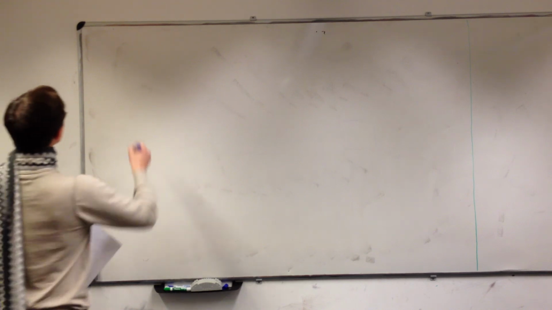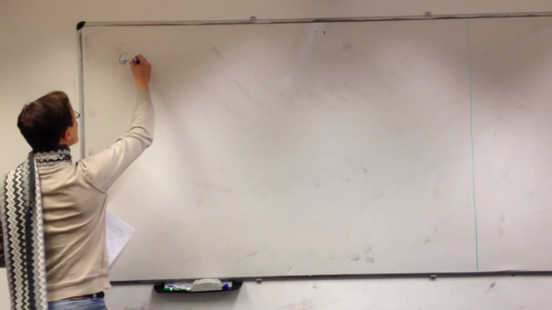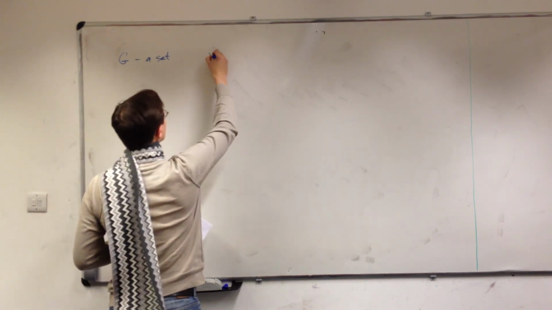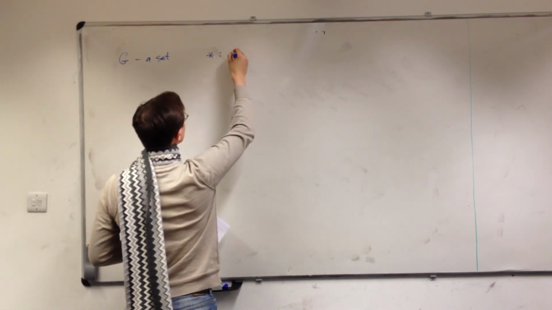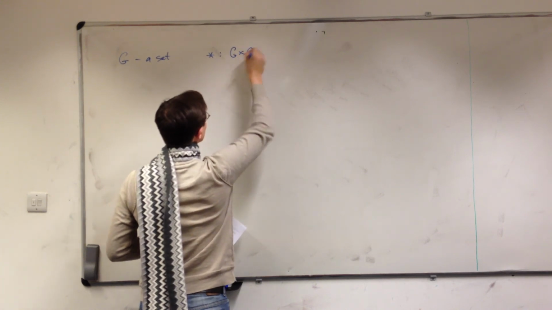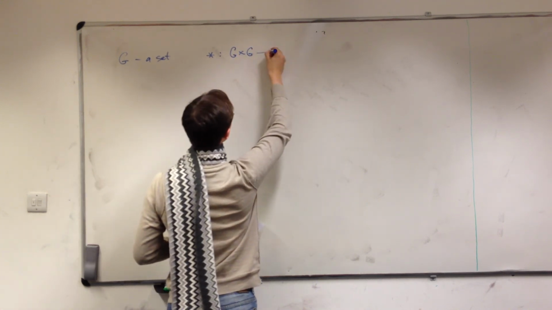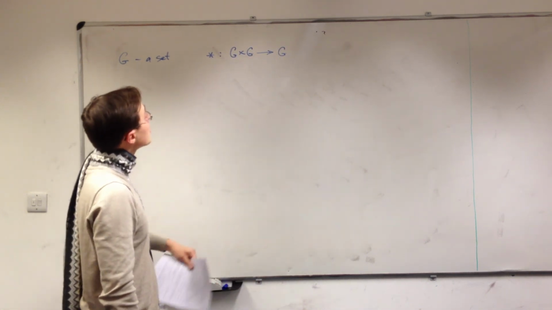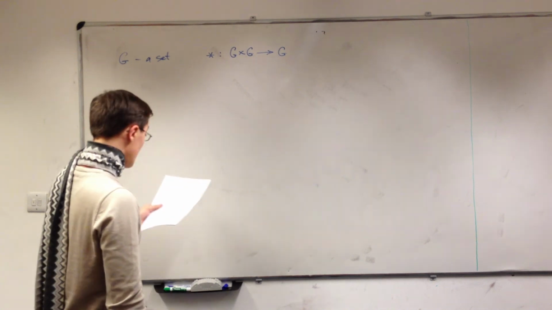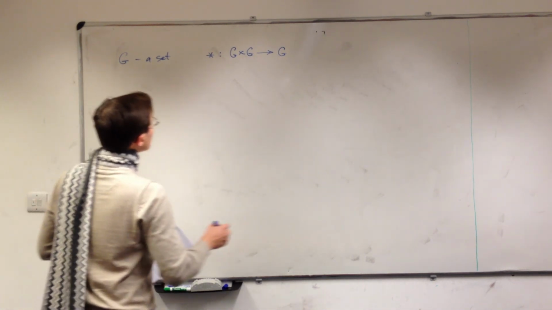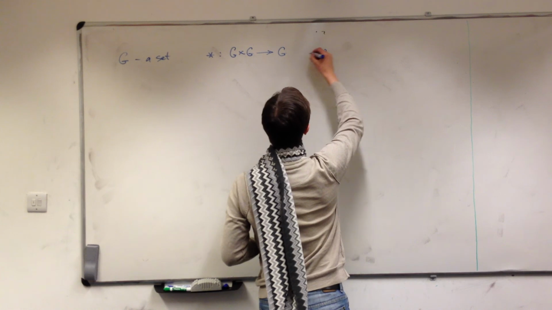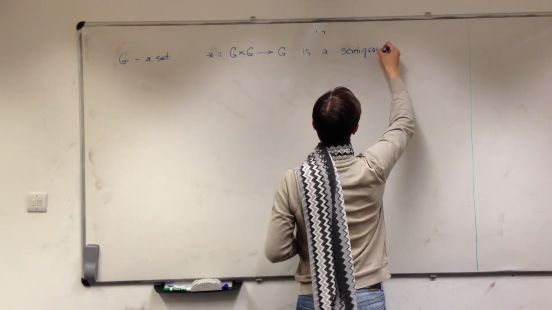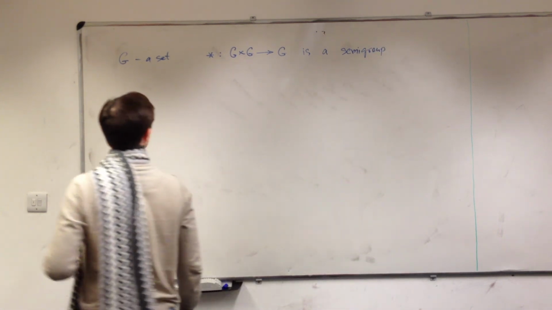Right, so if we have a set G, and we have a binary product on that set, we'll call it a star, that takes a direct product of two copies of G into G, so it takes an element of G, another element of G, and maps it into a third element of G. It's called a semigroup, not yet a group, if it is closed under that product.